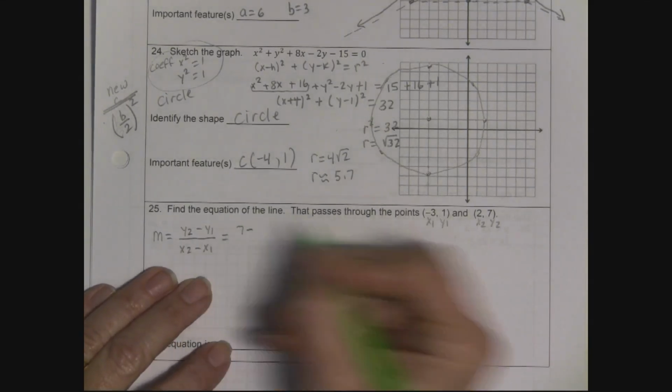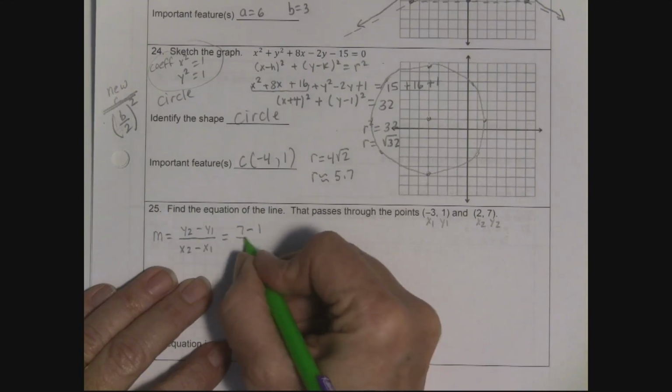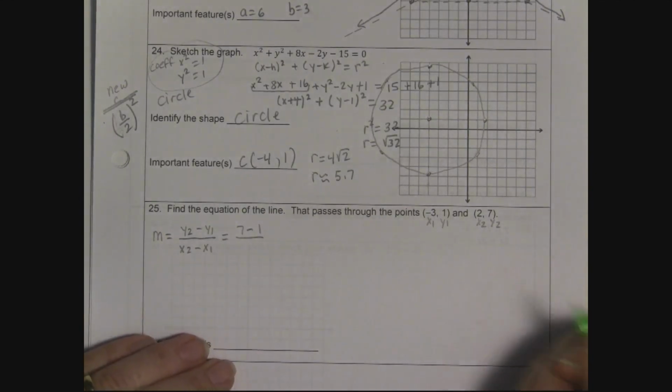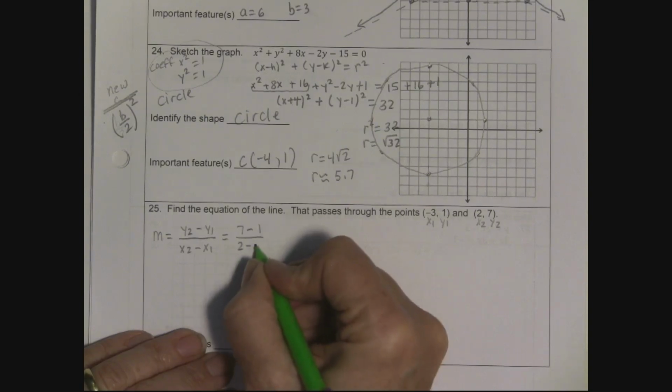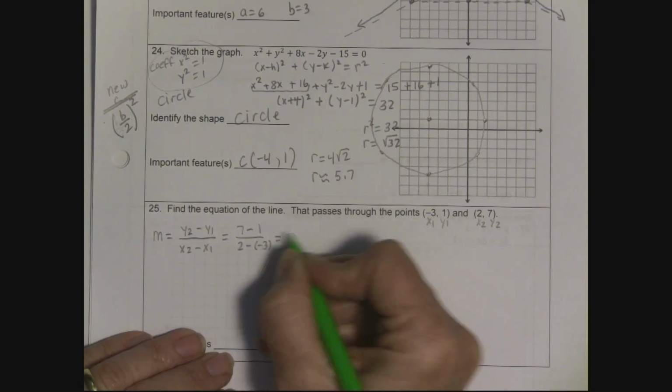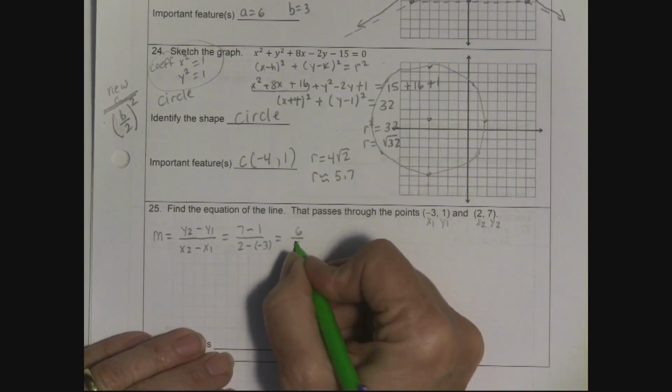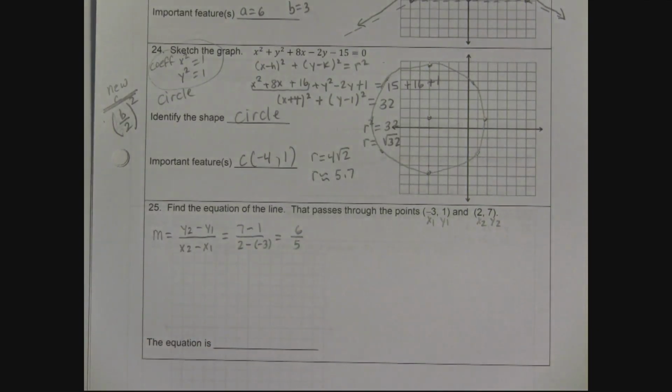So this is 7 take away 1 divided by 2 take away -3. So this is 6 over 5. And so I know it's slanted. And I wish that I knew the y-intercept, but I don't.